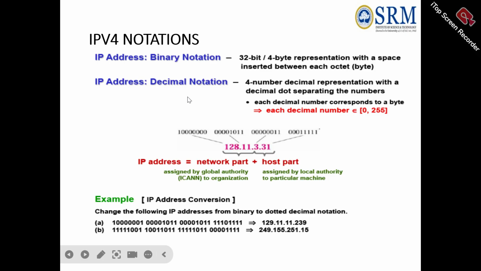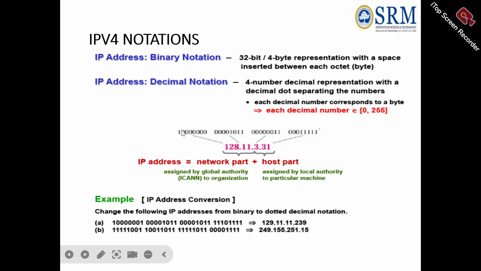In binary notation we use only 0 and 1, and in decimal notation the range is from 0 to 255. If the first octet is 255, it means all 8 bits are 1 at the same time. Only then can we get the first octet as 255, because 2 to the power 7 plus 2 to the power 6 plus 2 to the power 5 plus 2 to the power 4 plus 2 to the power 3 plus 2 to the power 2 plus 2 to the power 1 plus 2 to the power 0.